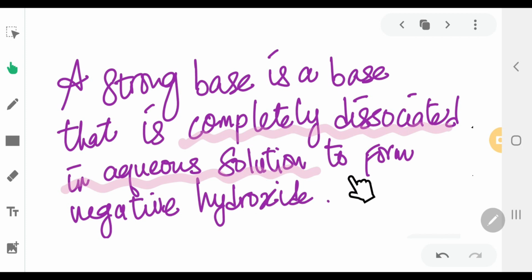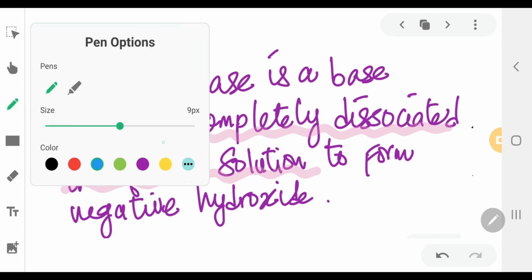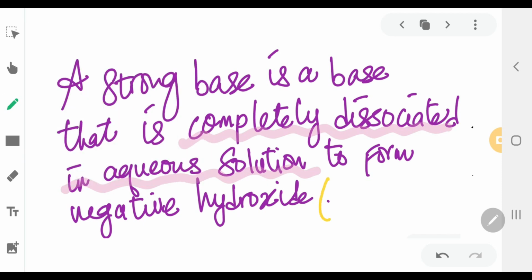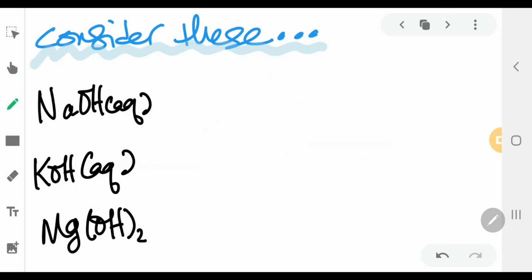The only difference between strong acids and strong bases is that for a strong base, the dissociation will be producing OH minus, which is hydroxide. Hydroxide, if you still remember, is OH minus. Let's have a look at a few examples.